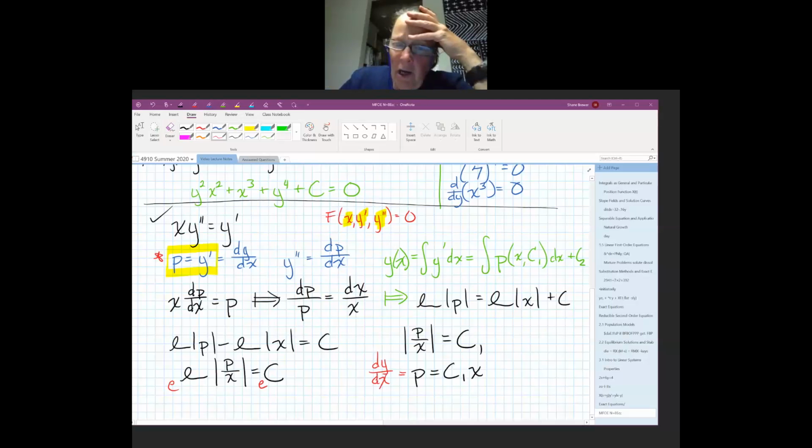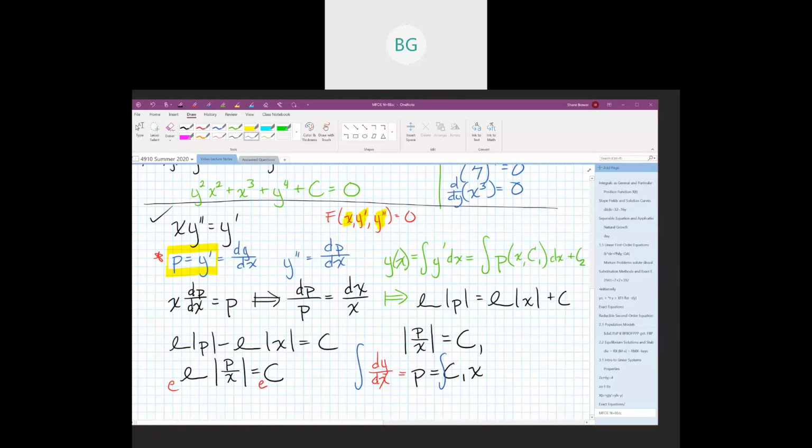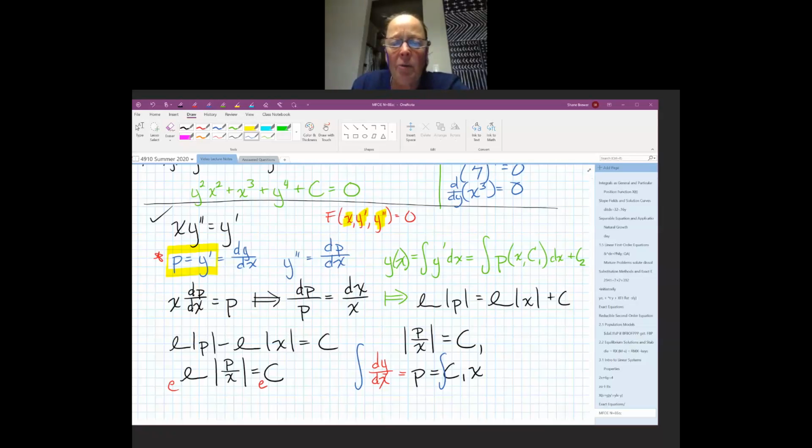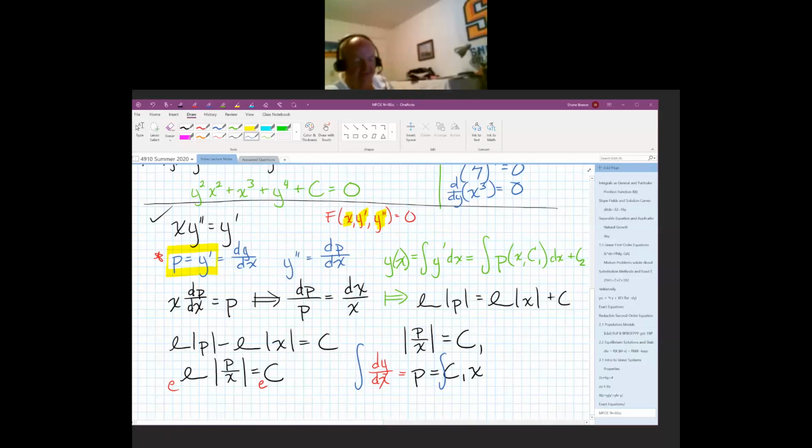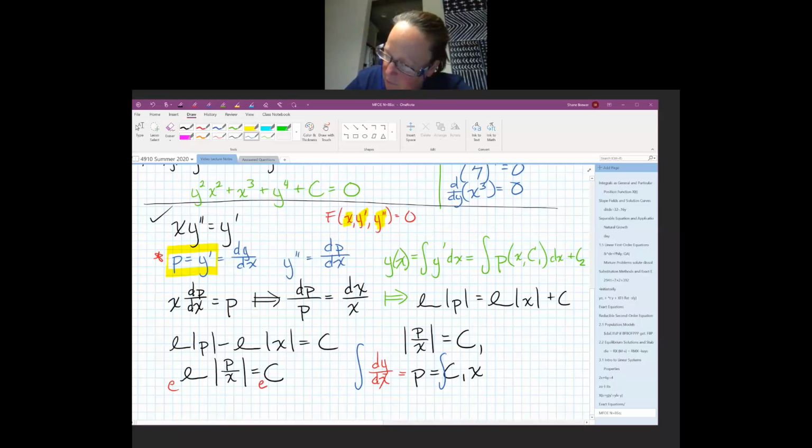And we're trying to find y, right? Okay, so dy dx equals c1 times x. If I'm trying to find y, I think I'm going to differentiate both sides. Integrate, I mean, integrate both sides.